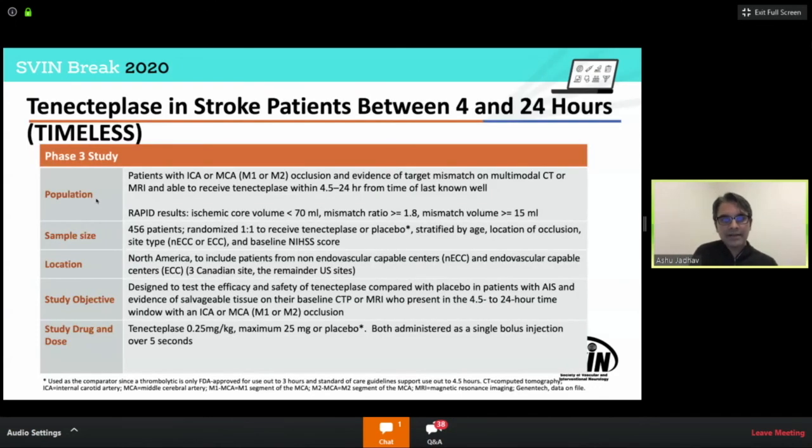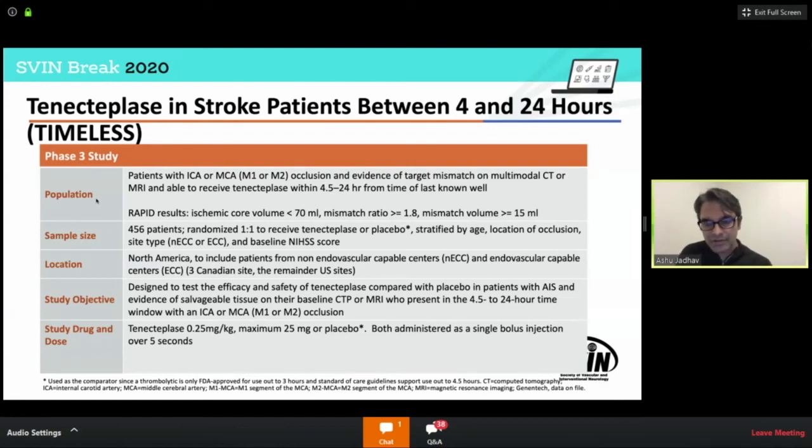So I think the question really is open, and this is being addressed by the TIMELESS study, which is a late time window trial, with very similar selection criteria to DIFFUSE 3, patients presenting with this target mismatch going up to 24 hours. Patients who present with this target mismatch would then be randomized to receiving tenecteplase versus placebo before undergoing thrombectomy.